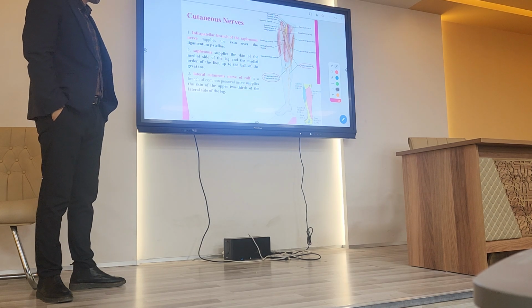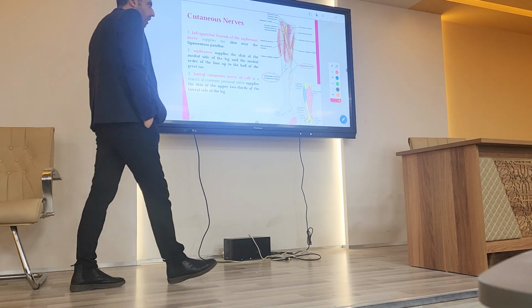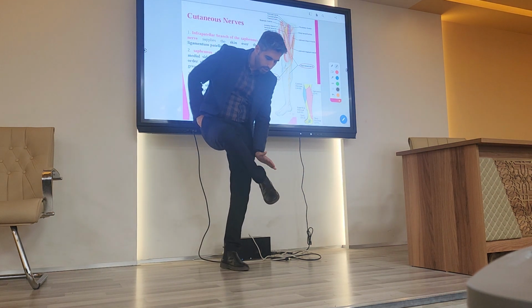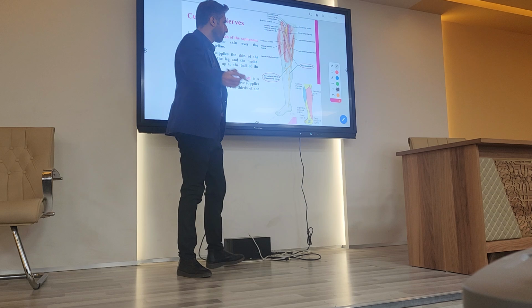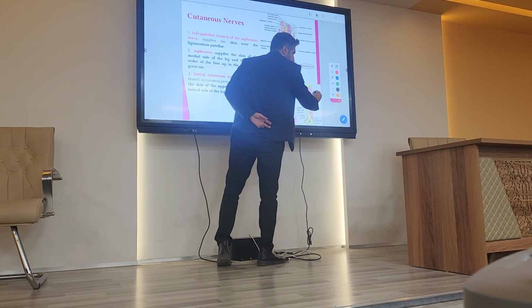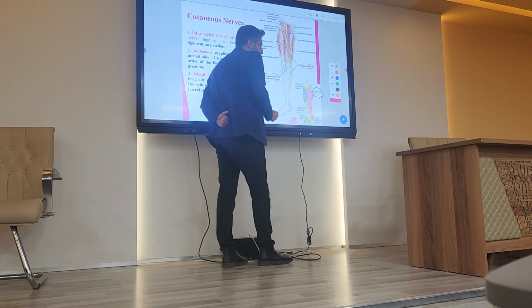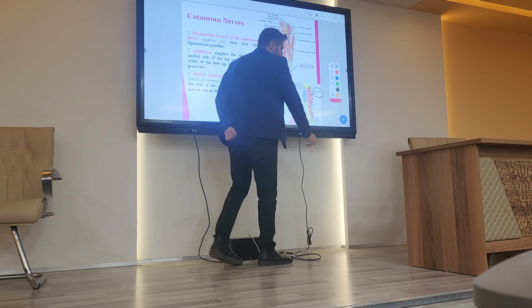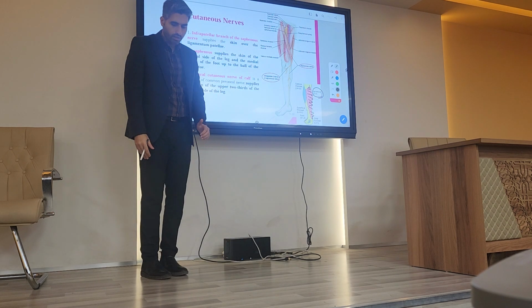So look at the picture. I told you the medial side of the leg, medial side of the foot, saphenous nerve. So it's easy. Saphenous nerve for the medial side of the knee, medial side of the leg, medial side of the foot. Okay, here.